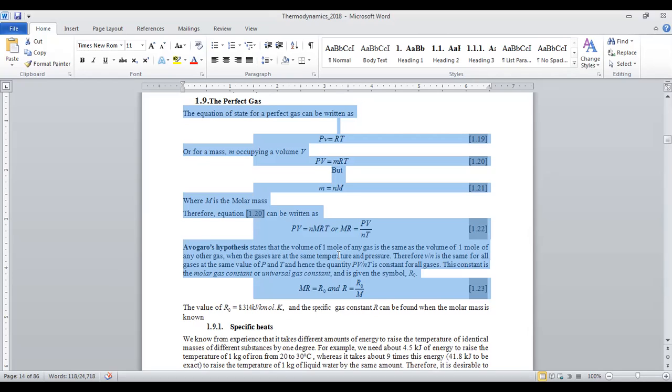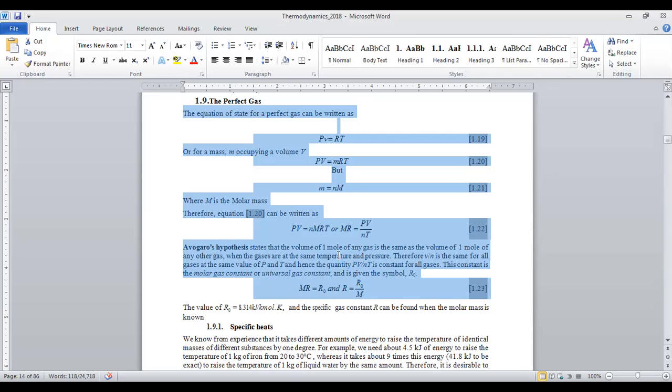We are learning about this because these all fall under working fluids, in both closed systems and open systems.